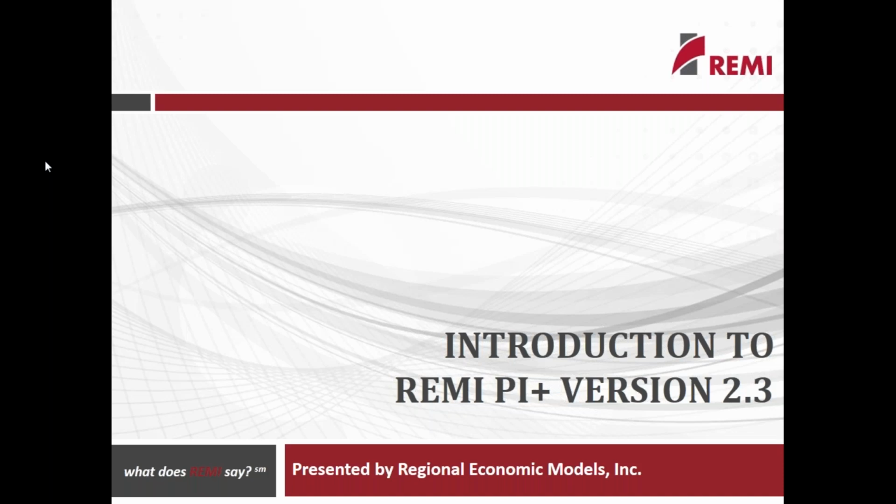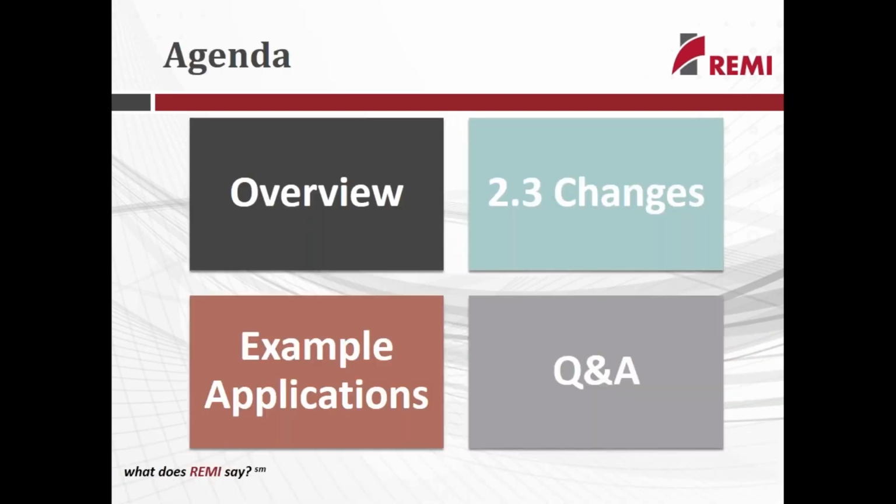So, as I mentioned, today we're going to be delving into our 2.3 version of the PI Plus software. We are going to be taking a look at the broad areas that were changed in the newest version of the software. We're going to be listing those out individually and describing some of the reasoning behind the most recent changes.